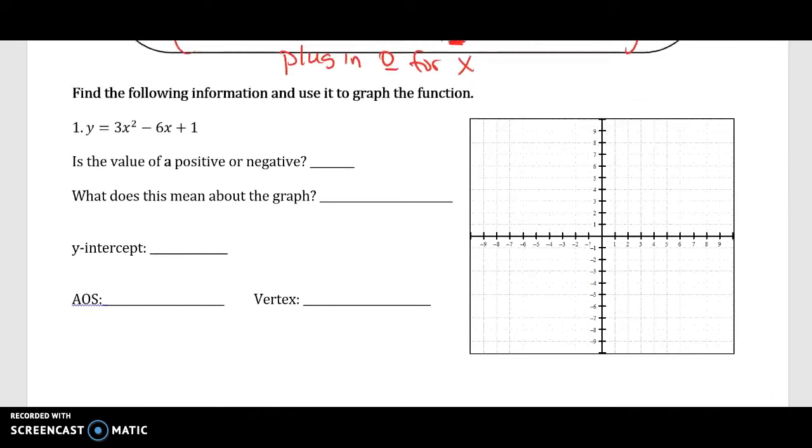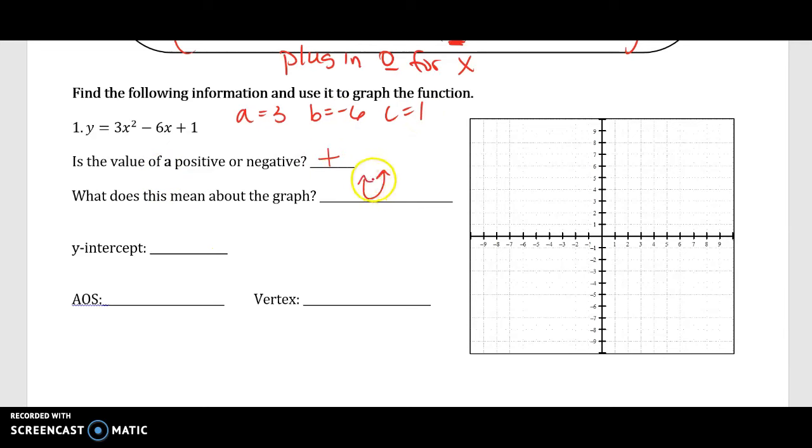Okay. So first thing I look at here is this equation is in standard form. So what information can I take away right away? Well, is the value of a positive or negative? So let's just write down a is 3, b is negative 6, c is 1. So since a is positive, what does this mean about our graph?